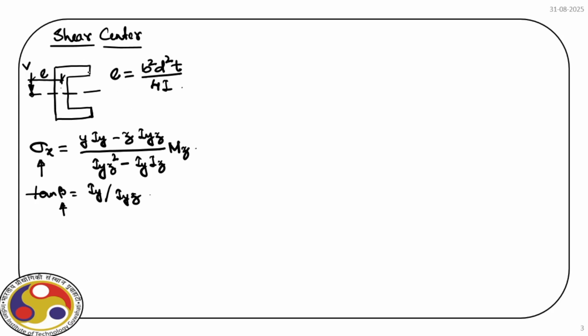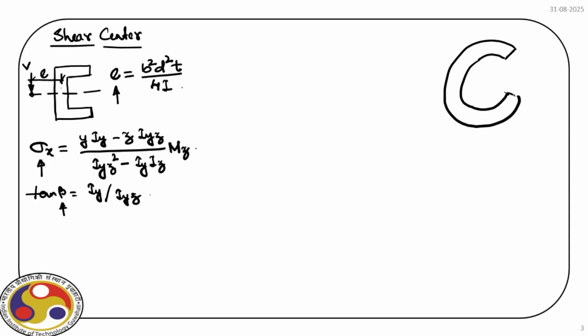And if we have a channel section, for that we derived the location of the shear center, which has an eccentricity of E, and this is the expression. Now today we are going to investigate if we have any arbitrary shape of a channel section.